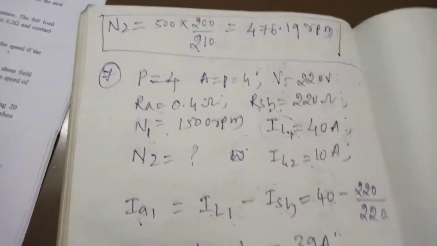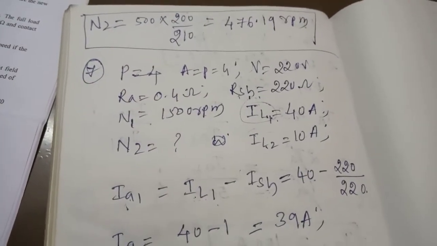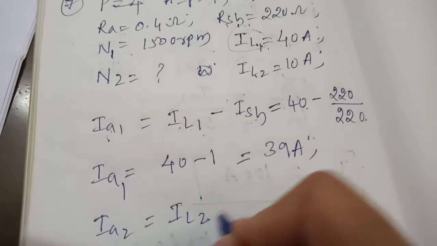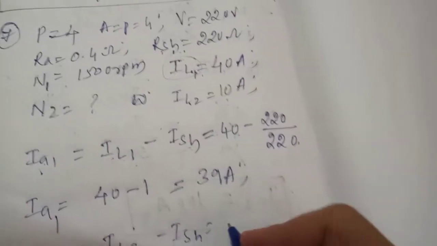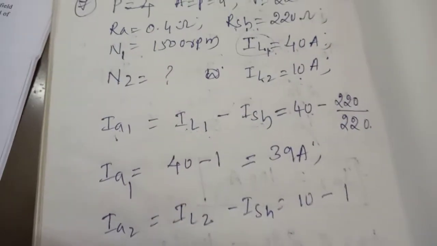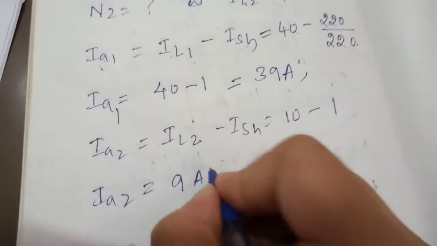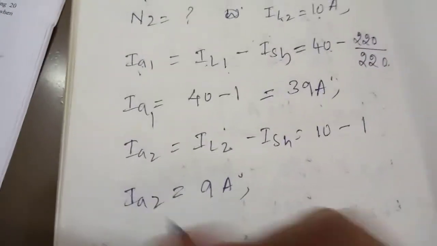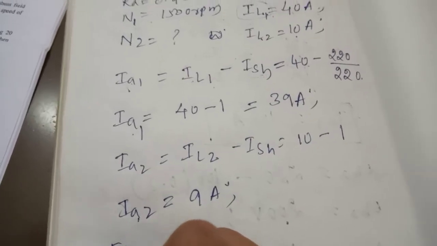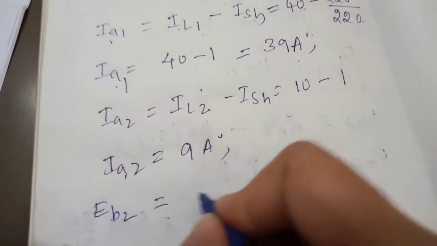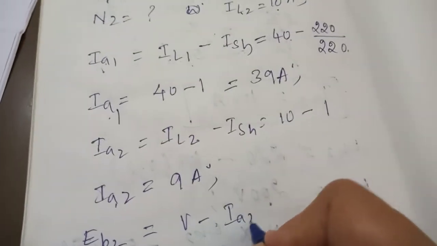What is IA2? IA2 is equal to IL2 minus ISH. IL2 is 10 amps minus 1, so IA2 is equal to 9 amps. So now I have IA2 and IA1. Let me calculate EB2 and EB1. EB2 is equal to V minus IA2 into RA.